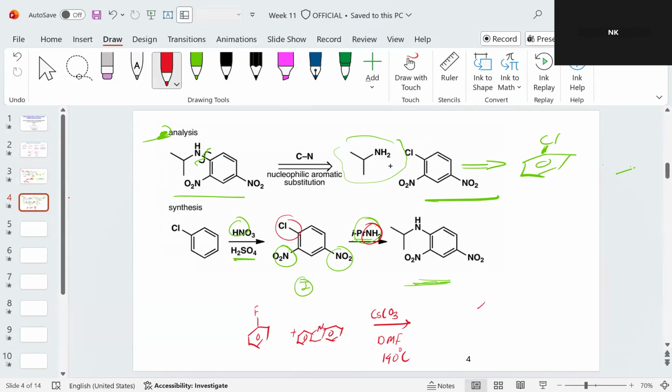If you have the bromo here, it will selectively give this compound, and this reaction gives more than 90% yield. So this is also a C-N coupling reaction. You can use this coupling reaction in your problems while solving them.